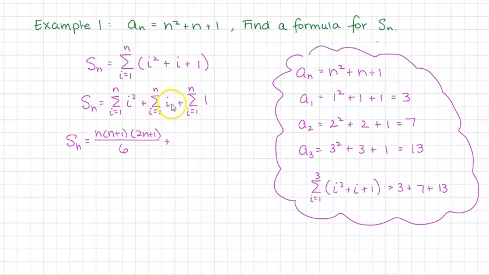Okay. The summation of i is n(n+1) over 2. And then this is like the summation of a constant. The summation of c, as i goes from 1 to n, is just n times c. So n times 1 is just n. And technically, we have the answer right here. There's our formula.